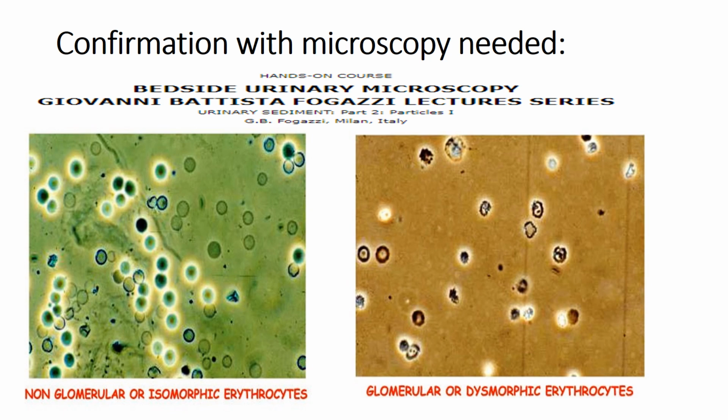So it's important to follow up firstly to confirm that indeed the positivity is due to hematuria, so you see red blood cells, then to differentiate the different kinds of red blood cells, whether dysmorphic or isomorphic, because that will give us an idea of what the possible differentials for the bleeding could be.